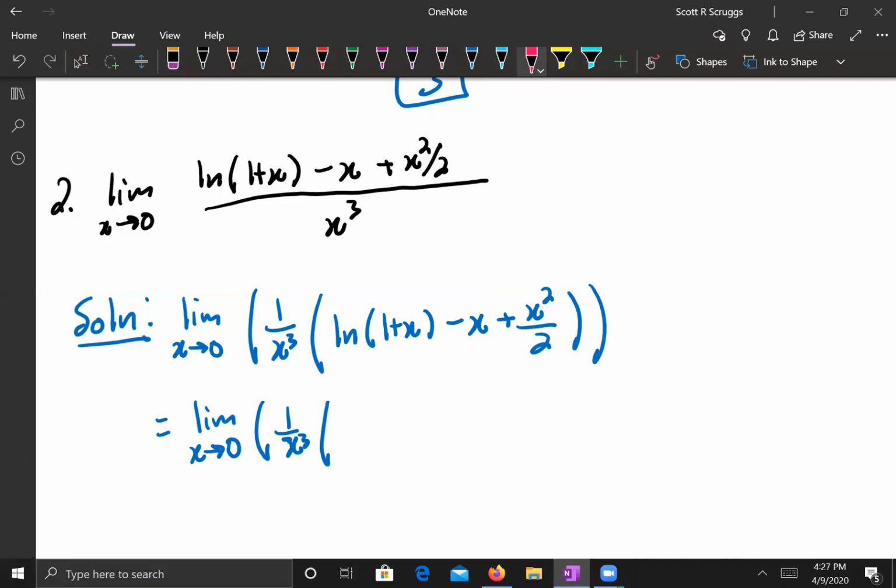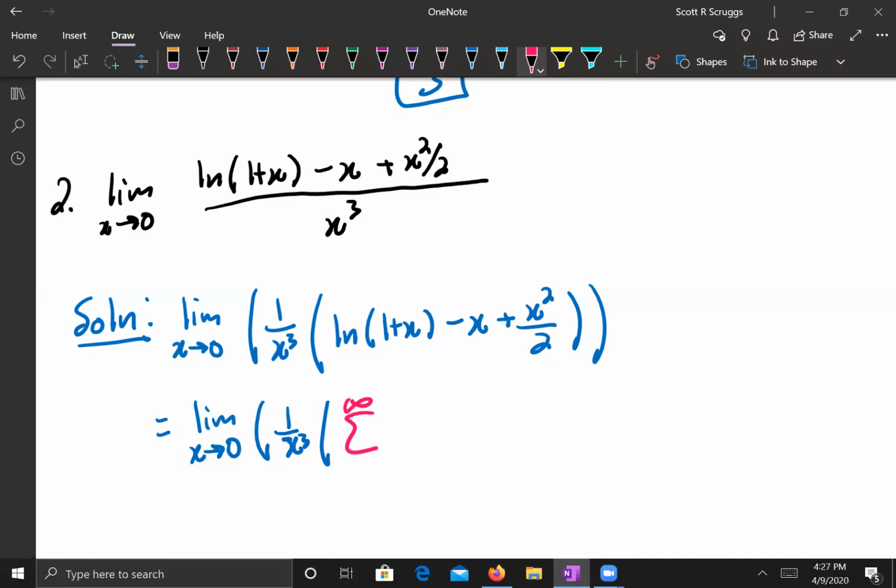Give y'all a minute to type down what the Maclaurin series of natural log 1 plus x is while I take a sip of water. Bingo.